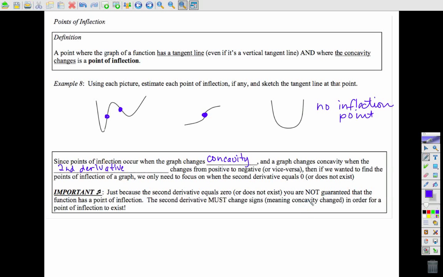Then if we wanted to find the points of inflection of a graph, we only need to focus on when the second derivative equals 0. We don't call these critical points, by the way. They're going to seem like critical points because we're solving for where it's equal to 0, but this is the second derivative, not the first derivative, and these are not called critical points.